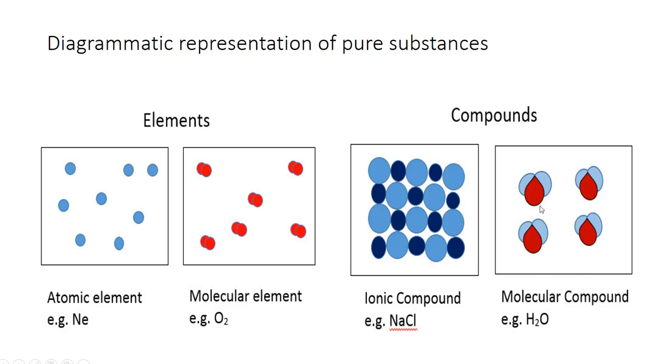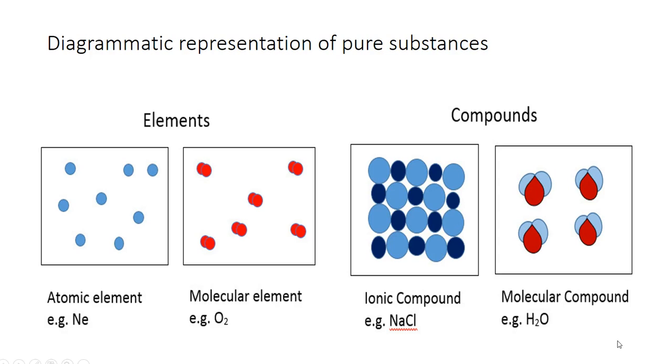So here we can see this is kind of a water molecule. The water molecule will exist as a single molecule, while an ionic compound does not exist as a single molecule. Here we can say this is a single unit, but the single unit does not exist on its own, while in molecular compounds, single units exist on their own.